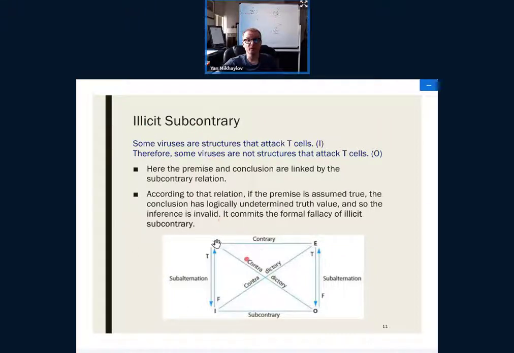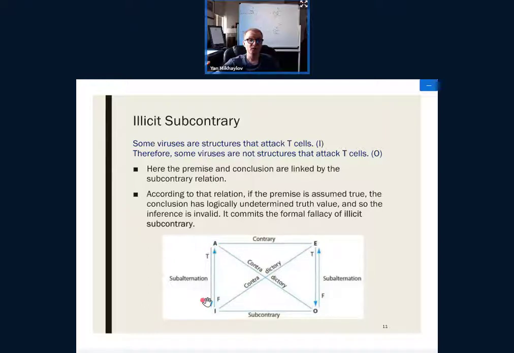Now, equally, if we were going here, what would that be? Well, let me spare you the drama. Illicit contrary. How about this one? If we did that, it is also invalid. Illicit subalteration. Okay, so those are the new names for these relations. If you do it validly, then it's just valid.